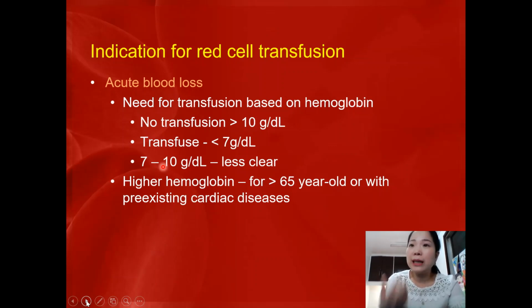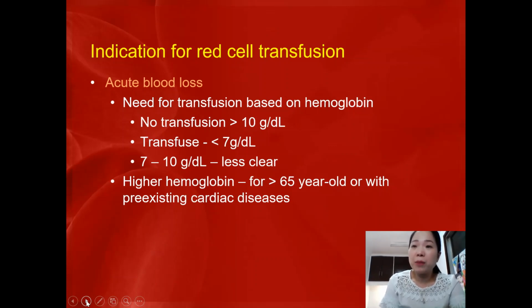However, if you are dealing with an elderly patient with a lot of comorbidities, whether cardiovascular or diabetic problems, then you should opt for a hemoglobin level of 10 grams per deciliter. So for me, if I am presented with an elderly patient with a hemoglobin level of 9 and acutely bleeding, then I have to transfuse right away.